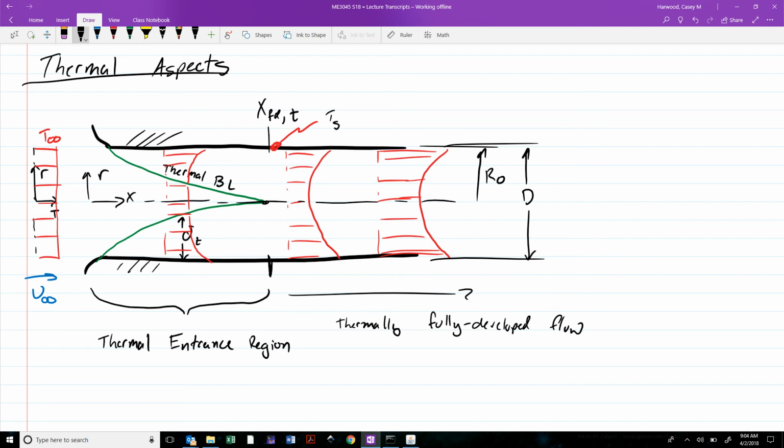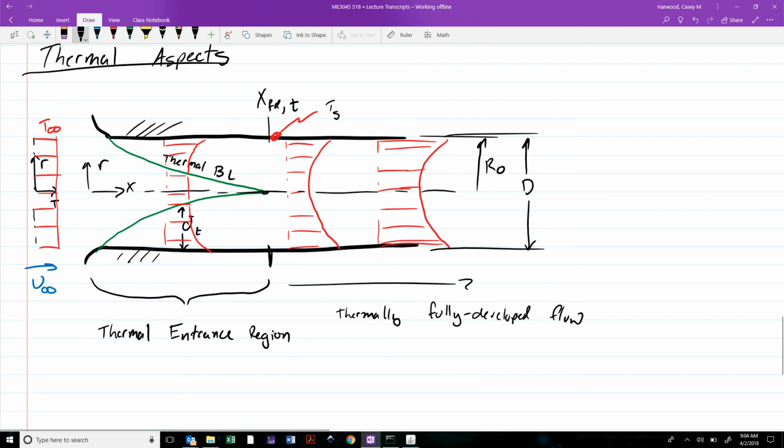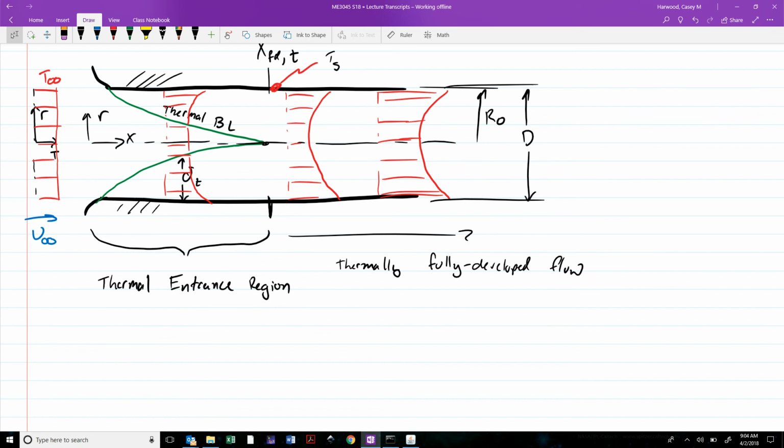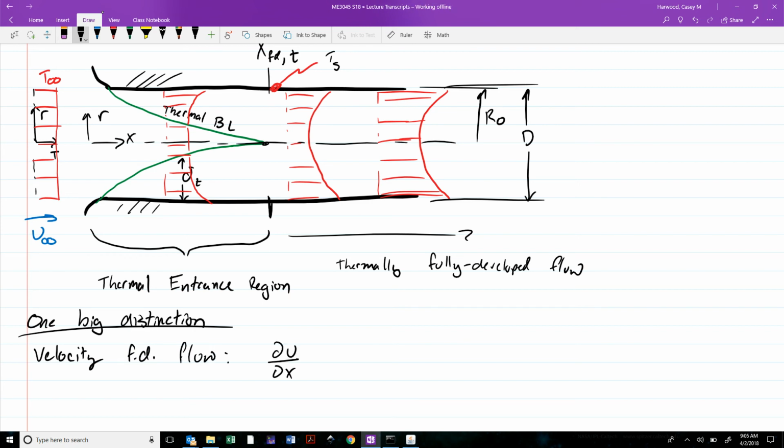All right, one big difference between velocity and thermal boundary layers. This is a bit weird to think about, but it's important to remember. For velocity fully developed flow, we said that basically du/dx is equal to 0.